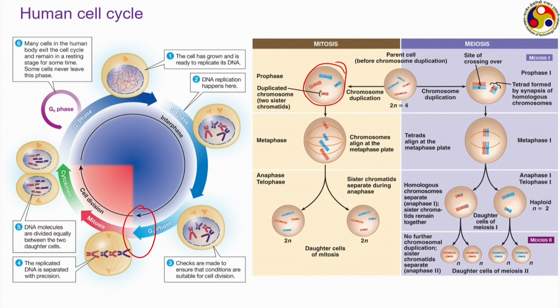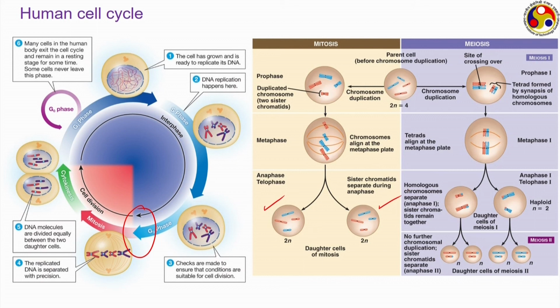So, initially if there are n pairs of chromosomes, like if this is the parent cell where in this diagram there are 4 chromosomes, the chromosomes are initially duplicated in the prophase phase, leading to 4 pairs of chromosomes I should say, and then these chromosomes align along the metaphase plane during the metaphase process, and then they are subsequently separated out to develop 2 new daughter cells during the anaphase, getting completed during the telophase process. Accordingly, we get 2 different daughter cells which are identical to the parent cell.